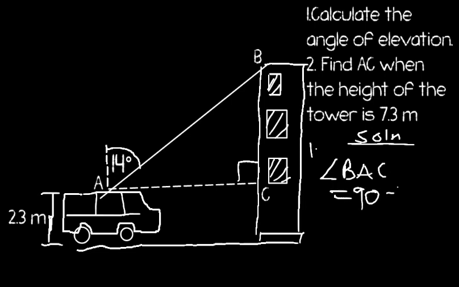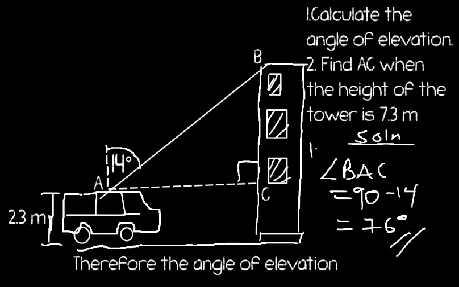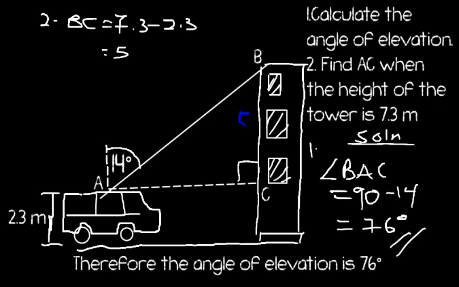As you can see, the angle BAC is the angle of elevation, which is 90 minus 14, which gives 76 degrees. Therefore, our angle of elevation is 76 degrees. So BC is 7.3 minus 2.3, which is the height of the tower minus the height of the car.